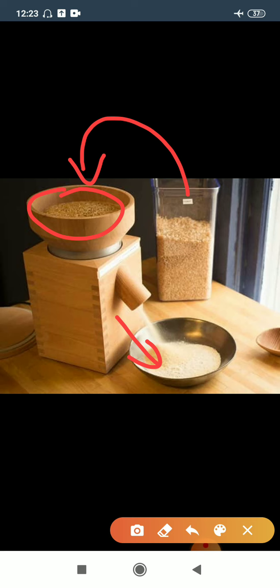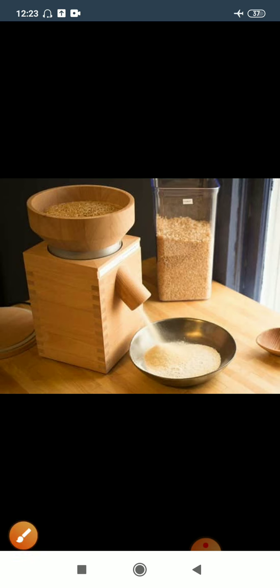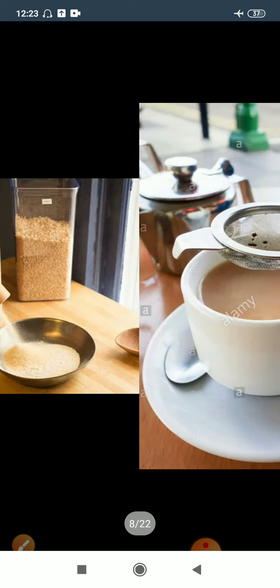In the second part, the wheat is converted into fine and small particles of wheat flour. So, students, there are different methods we can use to convert food grains into flour.